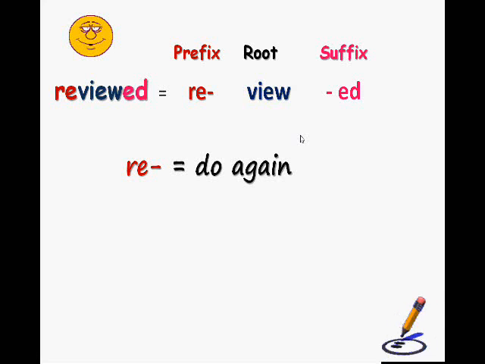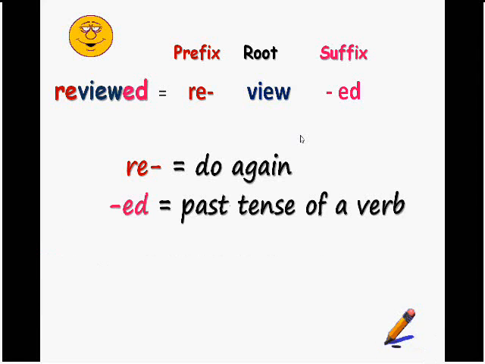And remember when we talked about prefixes and suffixes in the first term, and again in the other vocabulary lessons which we presented, that prefixes have meanings. Okay, so re as a prefix means do again. Of course, ed means the past tense of a verb. So when I say ed, it means that I'm talking about the past tense of the verb or of the root view.